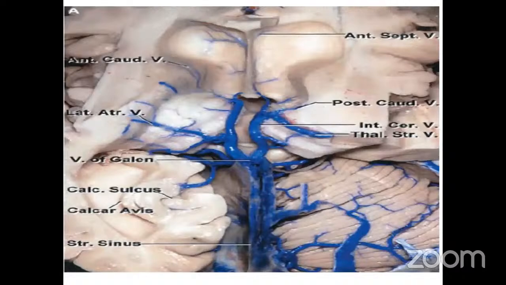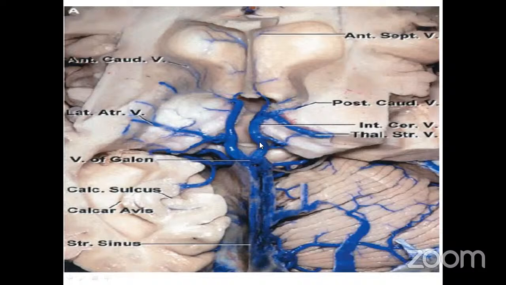This is the posterior superior view of the ventricles with the upper part of the cerebral hemisphere removed. Here we can appreciate the anterior caudate veins laterally, the anterior septal vein medially, the lateral atrial vein, the posterior caudate vein, the internal cerebral vein, and the thalamo-striate vein.